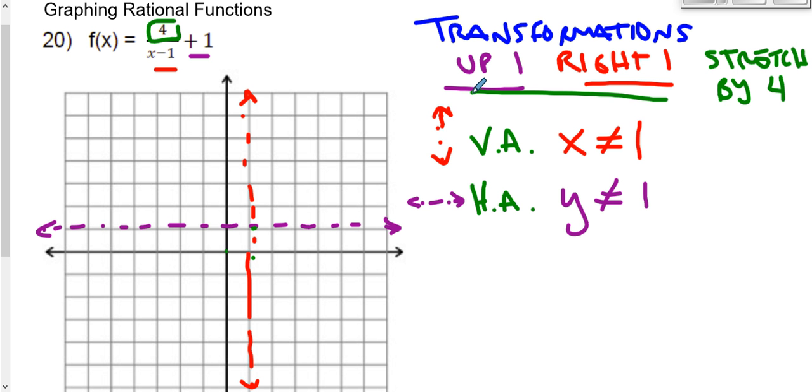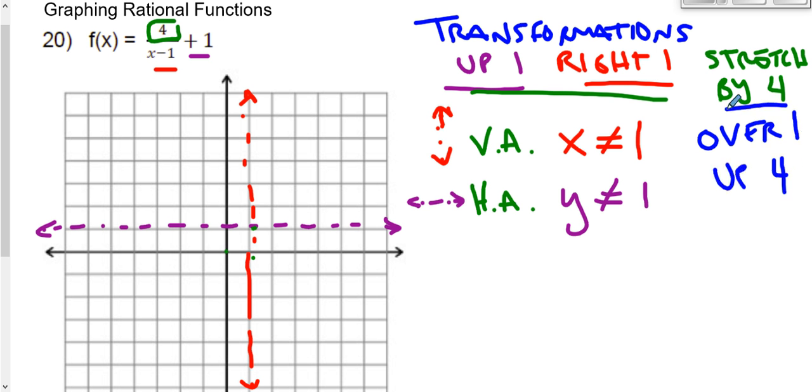Now I have to actually graph my function. To graph my function, all I have to do is use the pattern I'm used to move it away from my origin, the place where my asymptotes cross. Now the stretch by 4 means that instead of moving over 1 and up 1 like my original parent function, I should be moving over 1 and up 4.